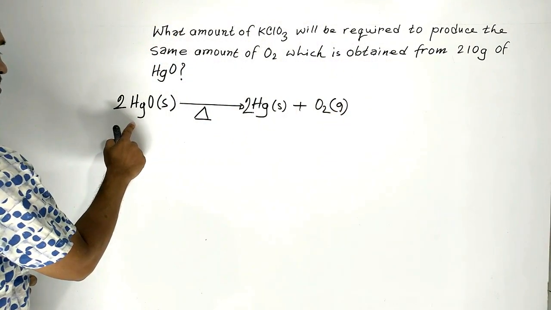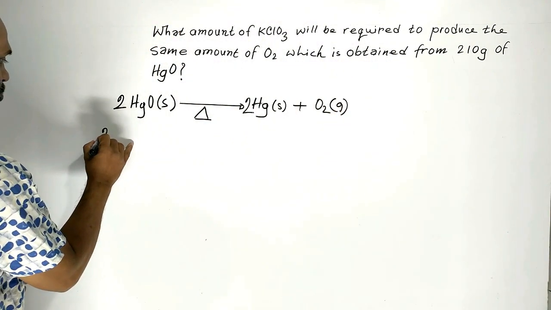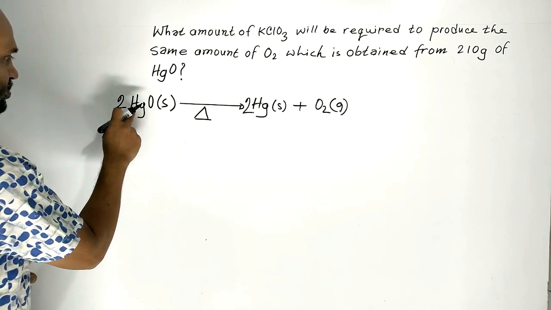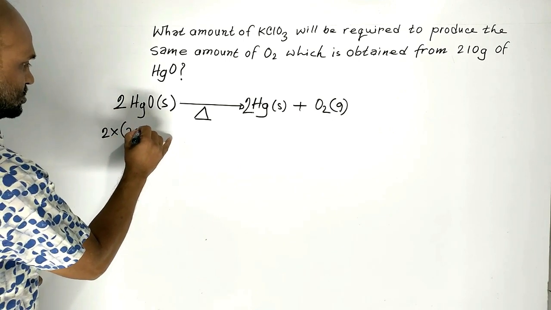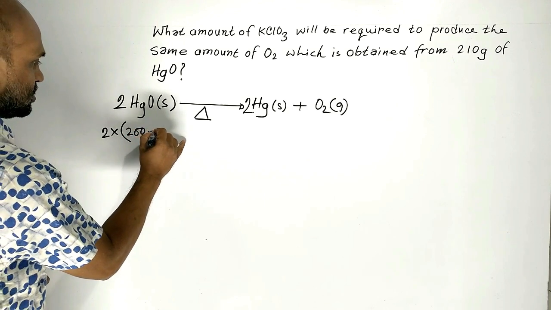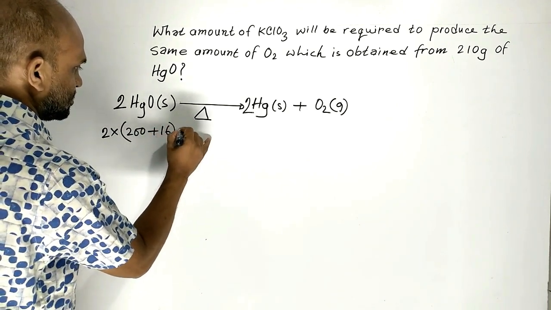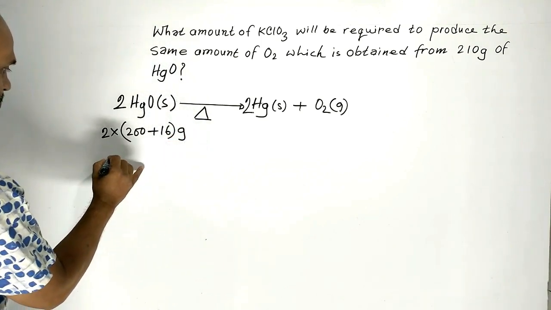Here, 2 of the gram atomic mass of mercury, 200, plus oxygen 16 gram.